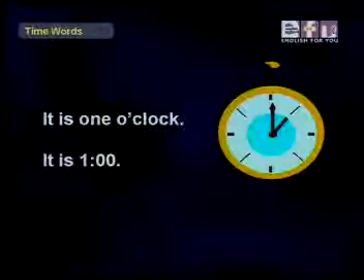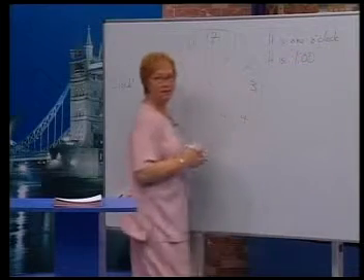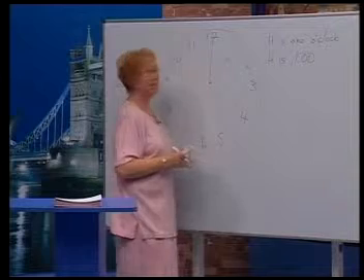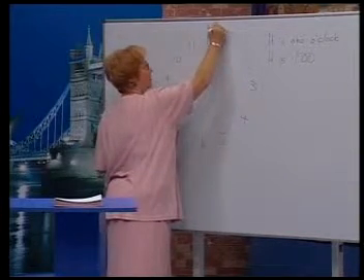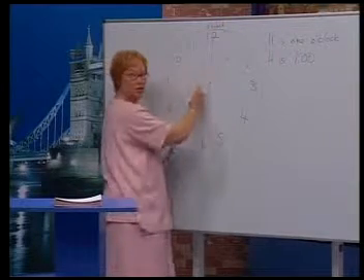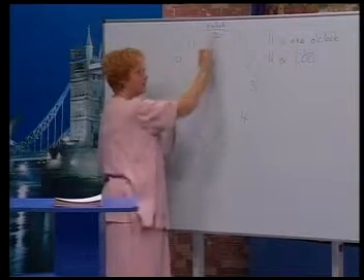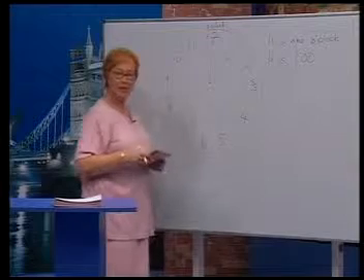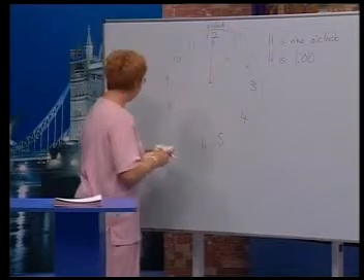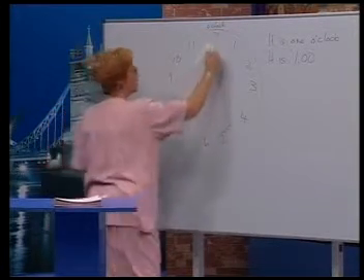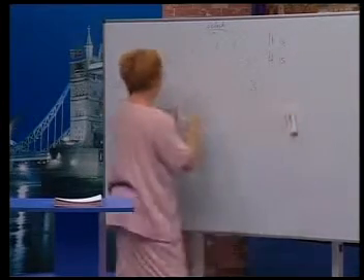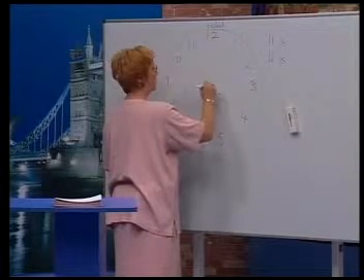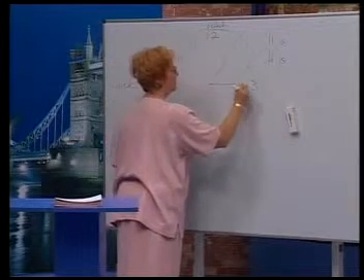Or we can say, easy, it is 1 o'clock. Now, we only say o'clock when it's here. Only here. 1 o'clock. All right? Now, another example: we'll still use 1.